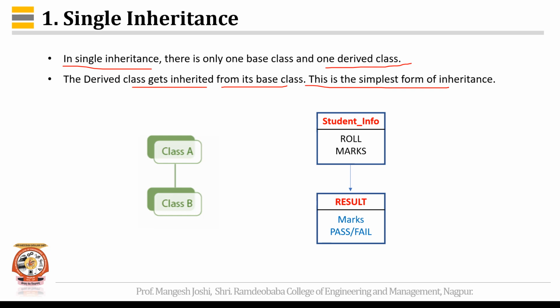You can see in the example, the class student_info is class A, that is the base class, having attributes roll number and marks, and the class result is derived from the student_info class, having attributes marks and the result, whether a person is a pass or fail. This is the simplest example of single inheritance.